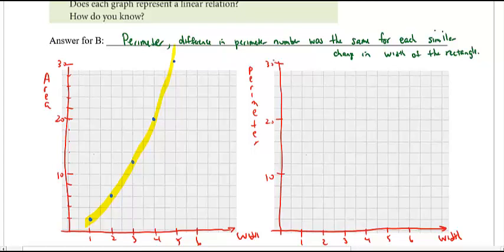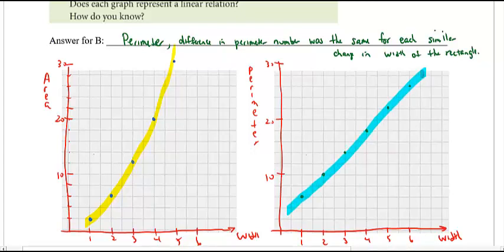And you plot the values, so 1 and 6, 2 and 10, 3 and 14, 4 and 18, 5 and 22. I see this already.